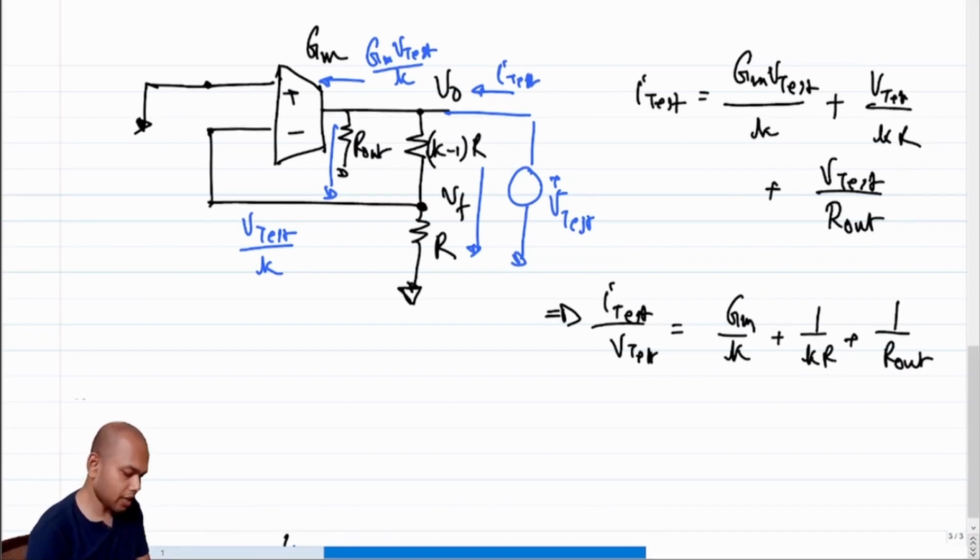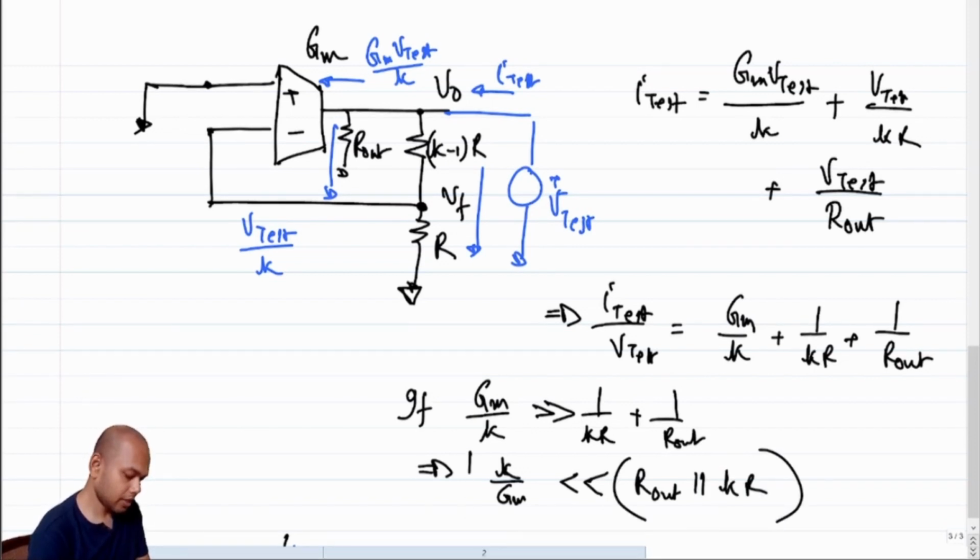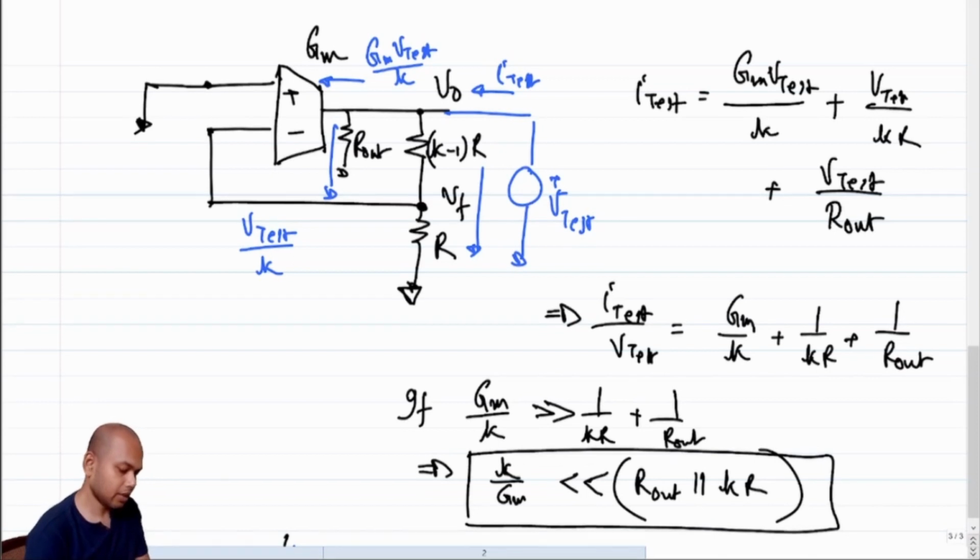So if GM over K is much greater than 1 over KR plus 1 over R out, or in other words, K over GM is much less than the parallel combination of R out and KR, then as long as we can ensure that, this is our effective output impedance.